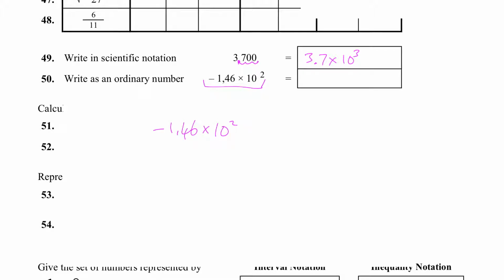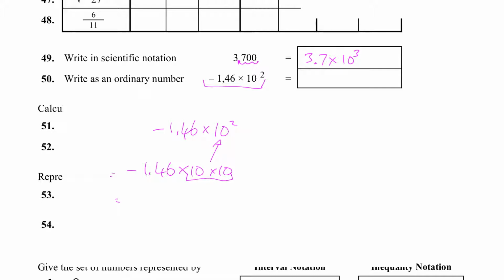And let's again do this by not just moving the decimal comma. I've got inverted commas, air quotes here. But minus 1.46, we need to times by 100. Well, let's times it by 10 first and then by 10 again. Because 10 times 10 is the same as 10 squared.